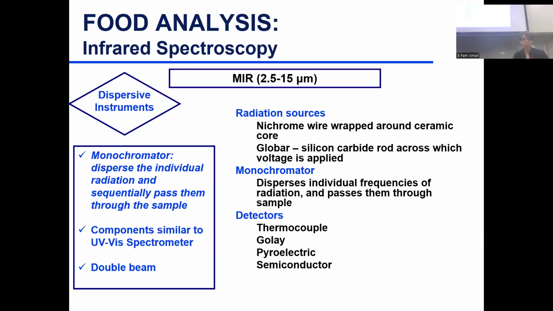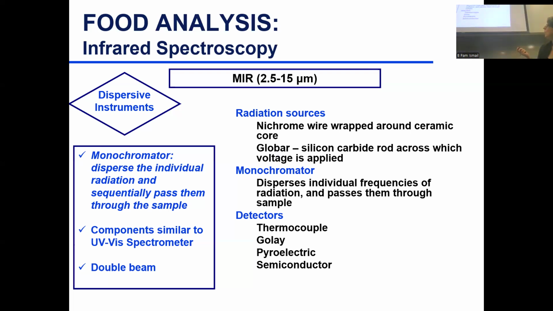So there are different types of instrument. Again, I'm not going to focus too much on that, but I just want to say that dispersive instruments are old instruments. They have a monochromator, like the UV and fluorescence instruments, where the light gets diffracted into multiple wavelengths and wave numbers, and a single wave number is selected for determination or quantification.